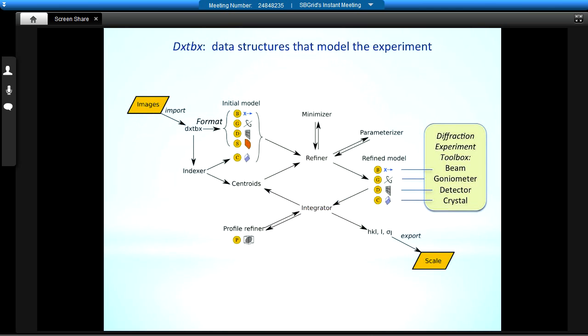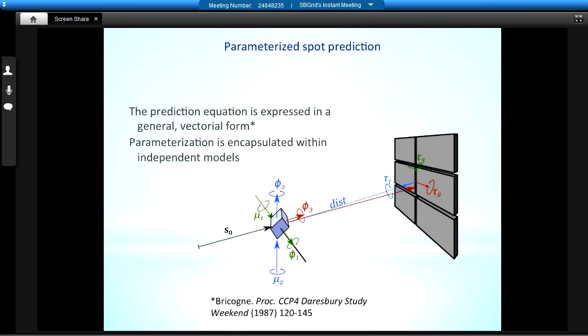So let me talk a little bit more about what's in these models. Again, we start with the data, we develop a model, and then we refine the model. What does the model tell us? It predicts where the Bragg spots are, and at a level of detail where we can tell which pixels to look at and which pixels are assigned to different Bragg spots.